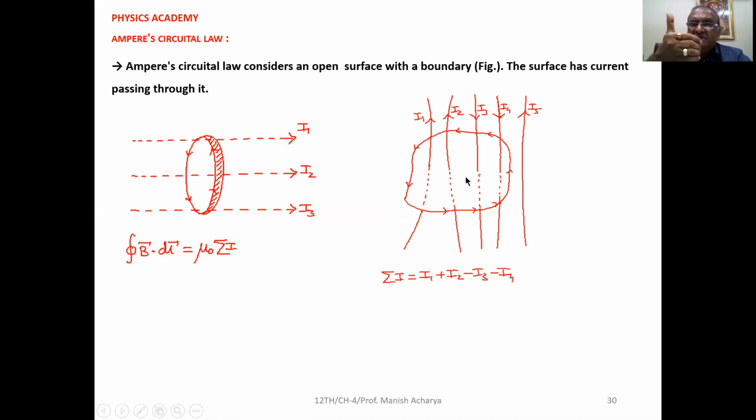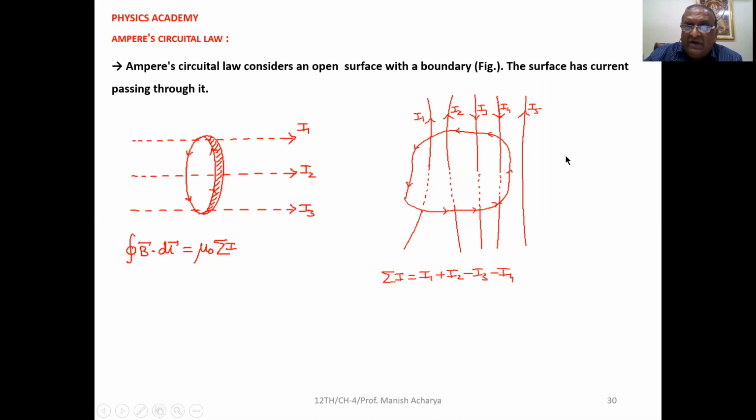So if we place the fingers in the direction of the enveloping loop, then the currents which are in the direction of the thumb, you have to take positive, and opposite currents you have to take negative. What is the idea? So in our case, I1 and I2 will be positive, I3, I4 will be negative.